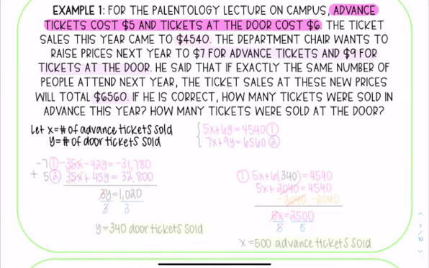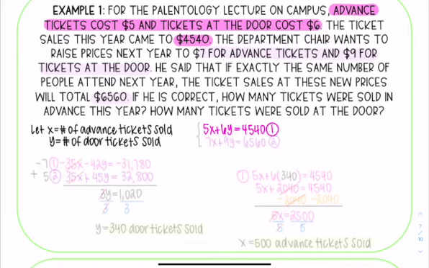The ticket sales this year came to $4,540. So let's go ahead and write that as an equation. It would be 5x plus 6y equals 4,540. I'm going to label this as equation number 1.